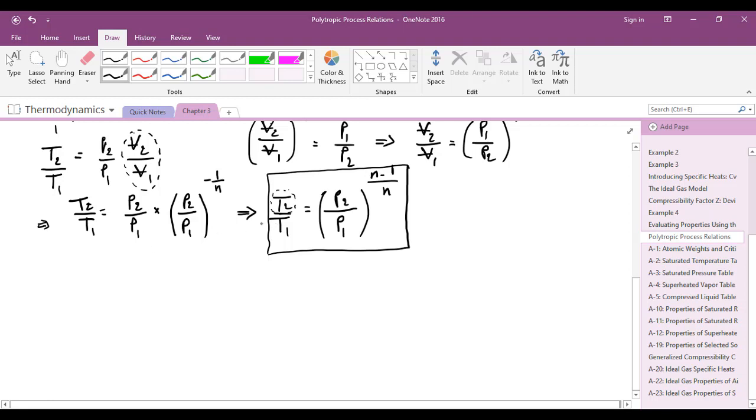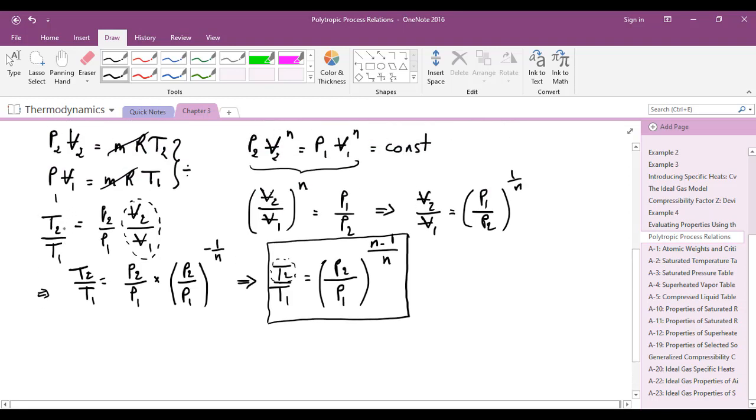So this is the first equation, relates the temperature with respect to the pressure variation. Now we will derive an equation that relates the temperature to the volume variation.